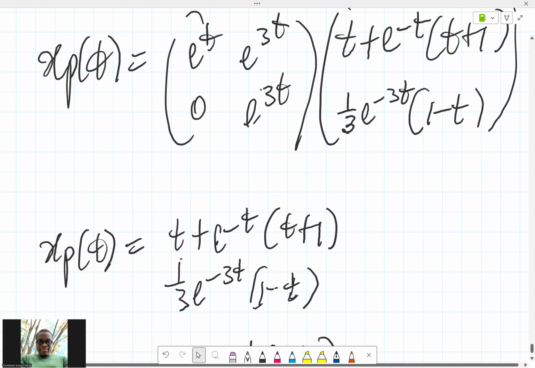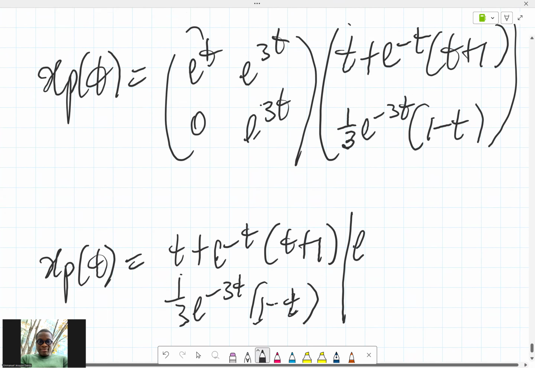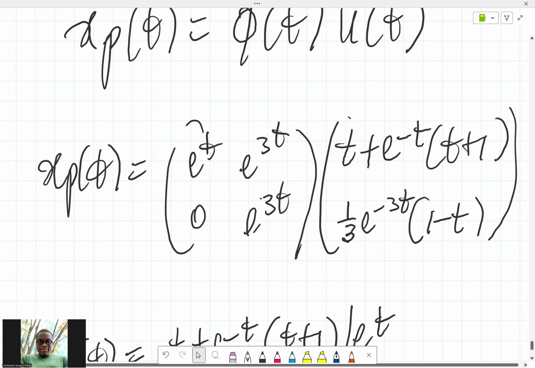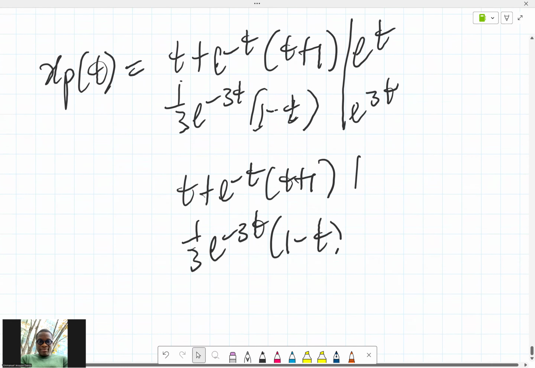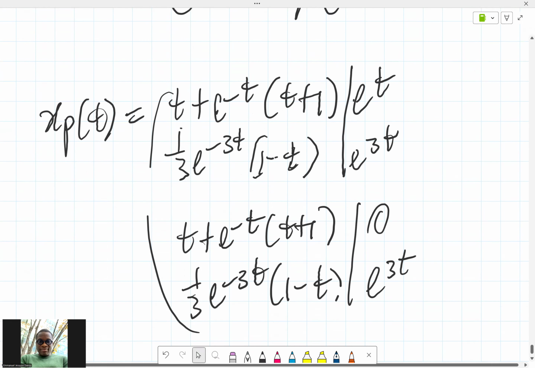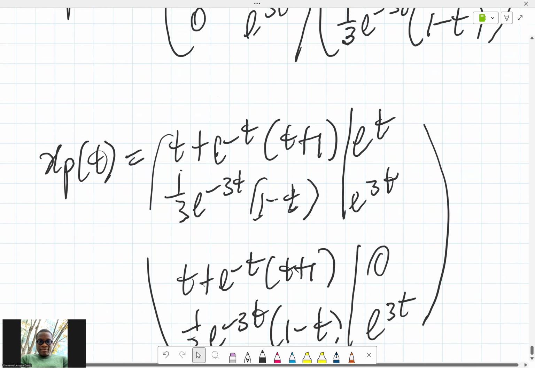Then we write the same again, and we multiply all this over them. So this e raised to power t, this e raised to power 3t, and here we have 0 e raised to power 3t. I like the 0 part because it cancels out and makes life easier.